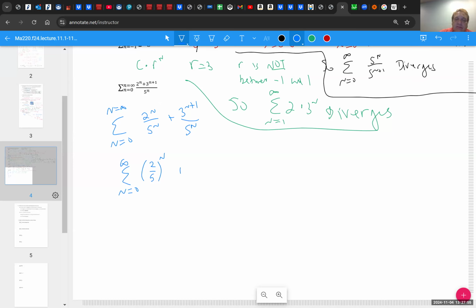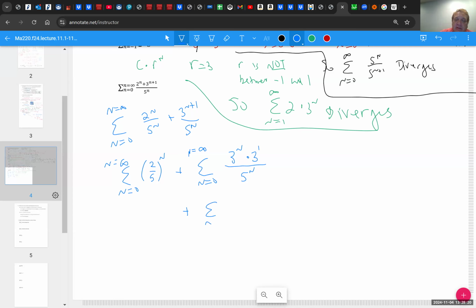The next one, I'll just write it as a separate sum, n equals 1 to infinity. This is 3 to the n plus 1. If you remember, 3 to the n plus 1 is 3 to the n times 3 to the 1, right? That's one of our exponent rules. 5 to the n is still on the bottom. And now I can group the 3 and the 5 together.